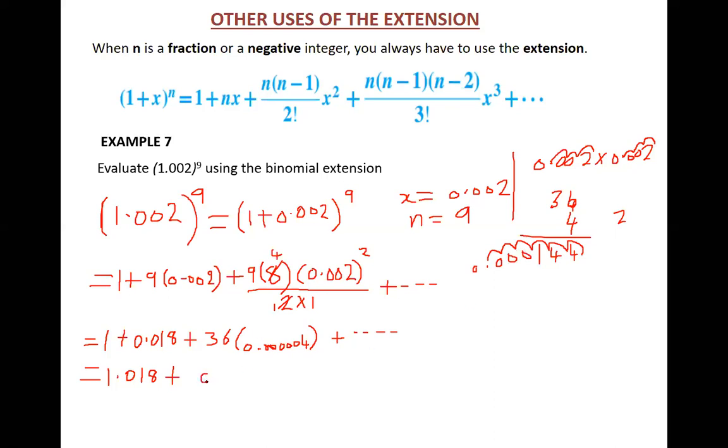So I'm going to have 0.000144. So when you add the 2 now, you put the decimal numbers in the same line. So you're going to get, let me just do this.